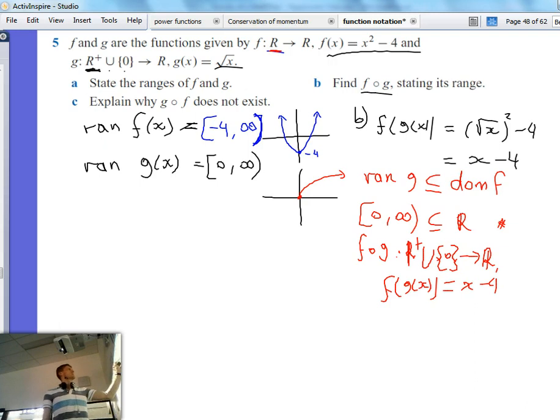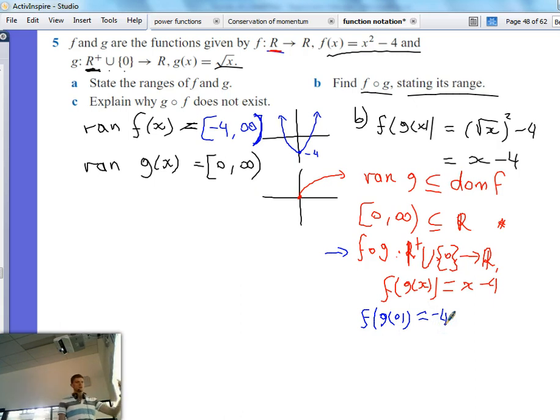Now, how do we state the range? Well, to find the range of this new function, we have to consider this function across its domain. This says all positive real numbers, including element 0. So the smallest possible x value is 0. f of g of 0 gives us negative 4.